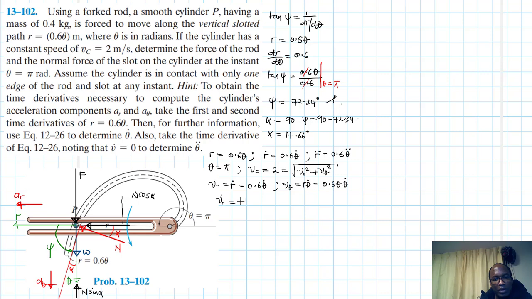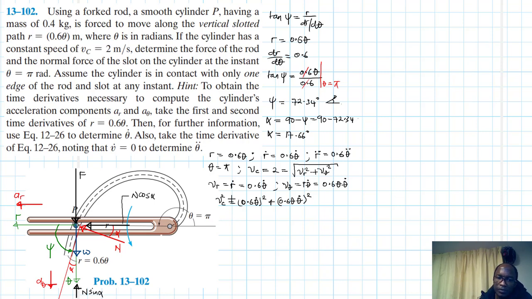VC is equal to the square root of 0.6 theta dot, squared, plus 0.6 theta dot, and everything squared like so.